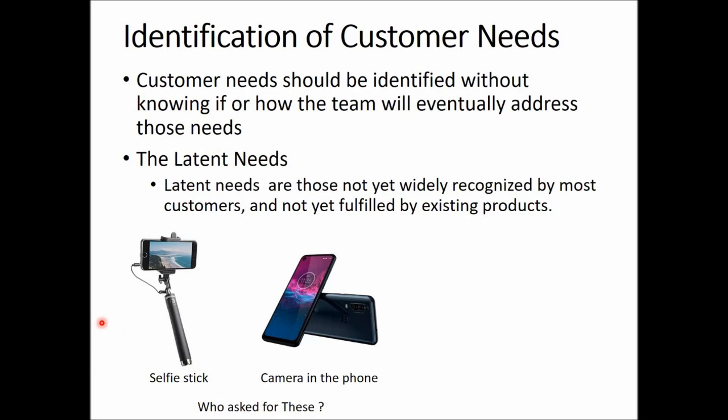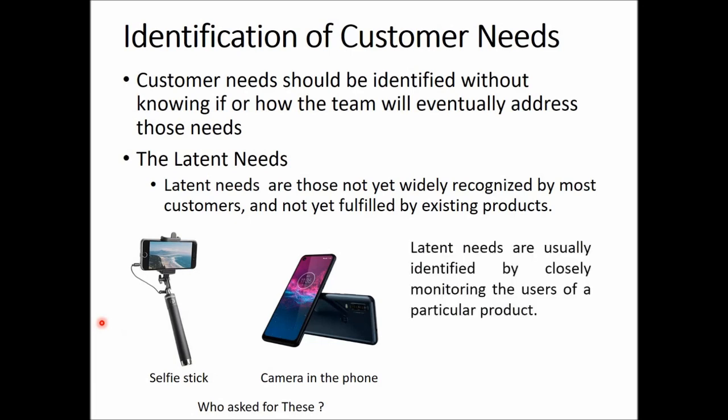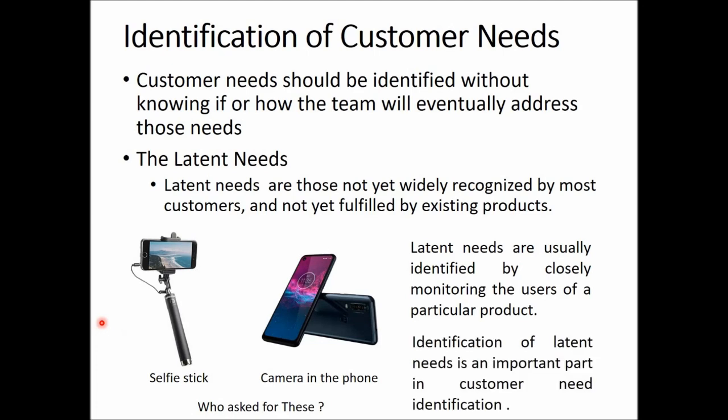But until you see that feature, you don't recognize the importance of that feature. The same thing applies to the camera in the phone. Nobody basically wanted a camera in the phone, but eventually with the technological push, people introduced the camera, and then it became a very useful feature in most phones. So the latent needs are identified by closely monitoring the way the people use the product, and we find solutions to the difficulties they face.